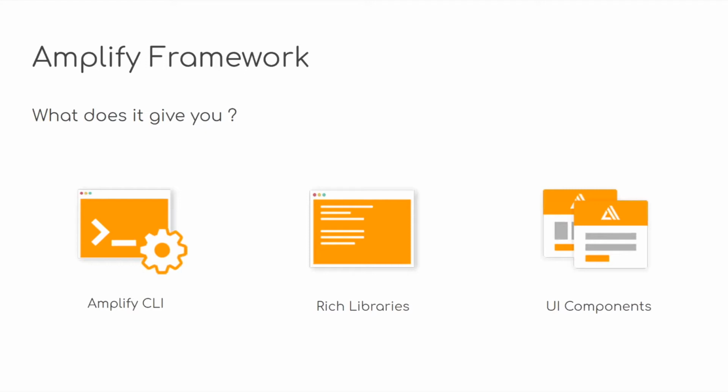Moving on to the framework part. This framework consists of three key components. We have the CLI piece, and then the client libraries, which are not only for JavaScript to interact with AWS, like databases, APIs, and storage, but also for iOS and Android. It also includes a set of platform specific UI components, whether you are using a mobile or web app.